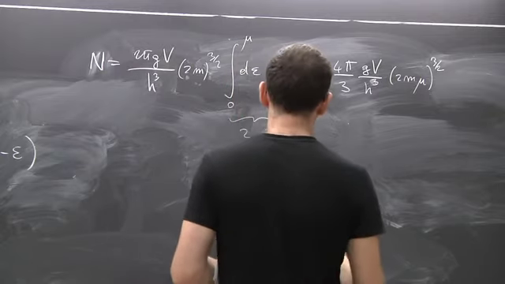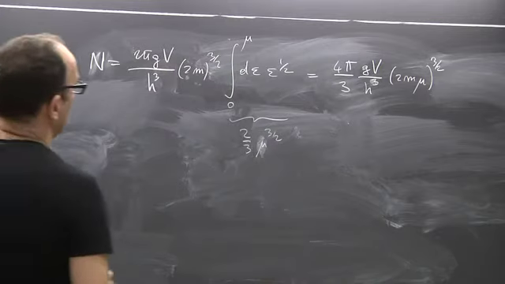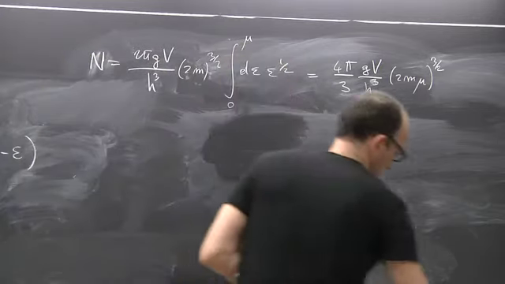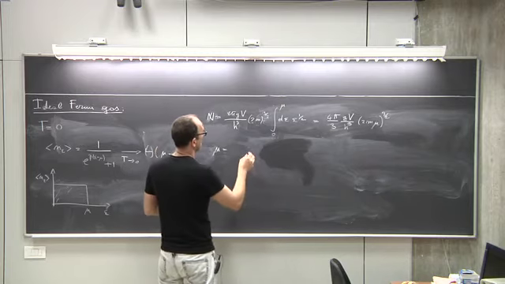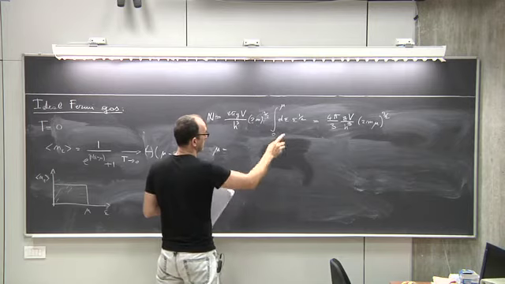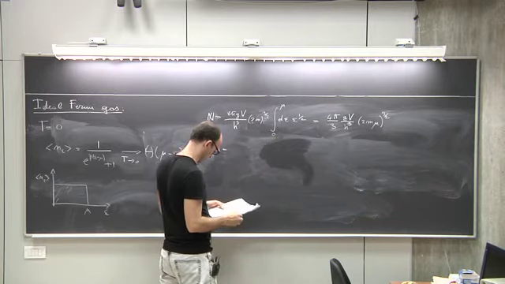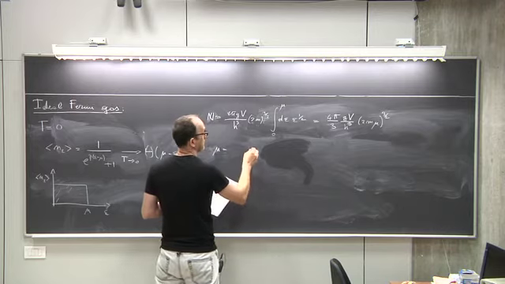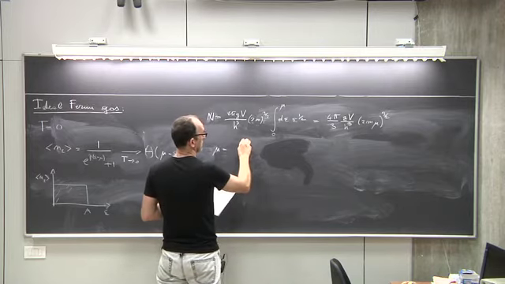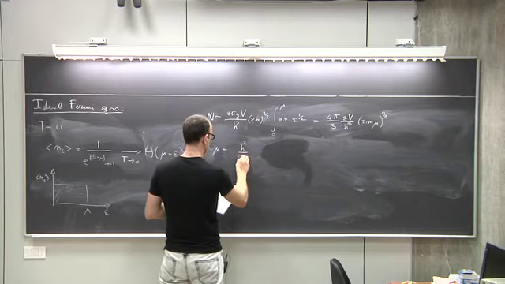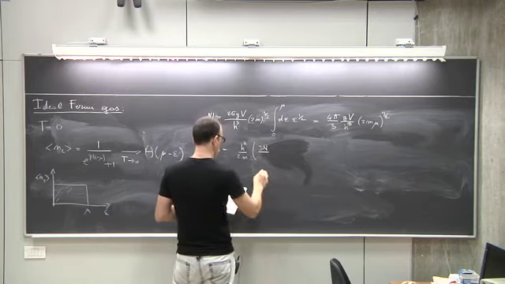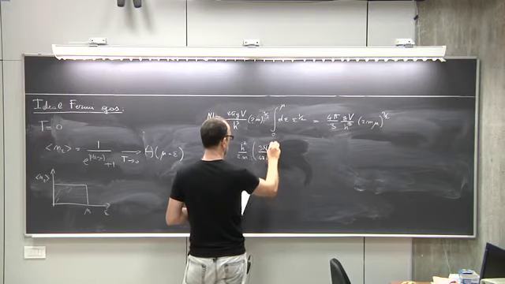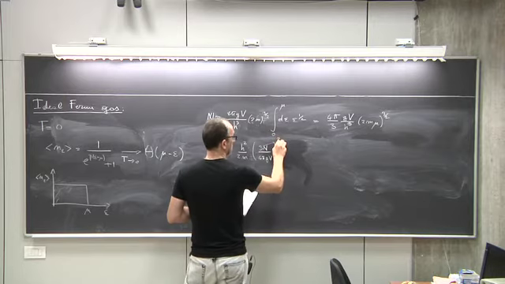So from this you can get an equation for mu, which is equal to h squared over 2m times 3n over 4 pi g v to the 2/3.